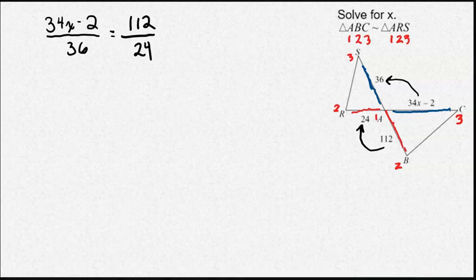34 divided by 2 is 17. X minus 1 over 36 divided by 2 is 18. Not super friendly, but maybe better than what it was. Let's reduce the other side. The other side reduces to 14 over 3. And now I'm going to cross multiply and solve.